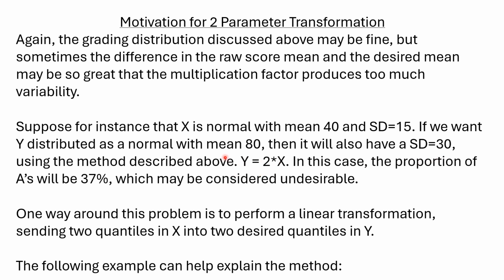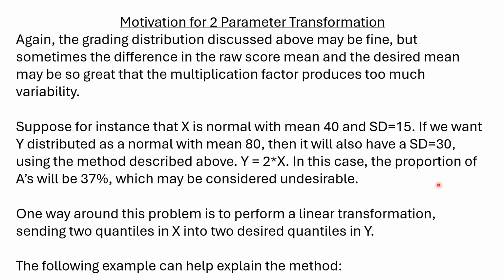Because in order to get the mean of X from 40 to 80, we have to multiply it by 2. We have to take 2 times X, and that'll give us our Y, just using the method that we described. So what does that do to us in terms of grade distribution?